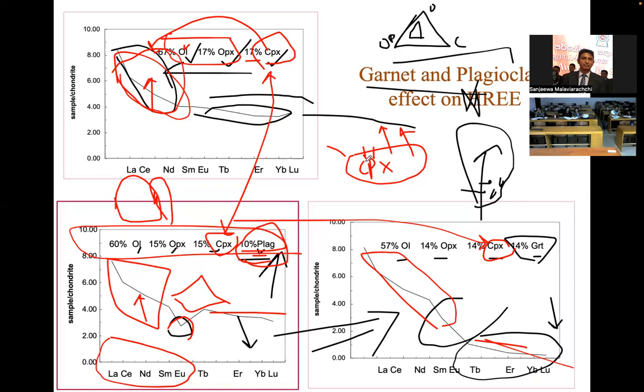So a huge amount of these phases might be there in the residue, but in most of the cases, some fraction of that will get into the melt also, obviously. But if that fraction is high, then your rock will show a characteristic pattern for that particular phase.